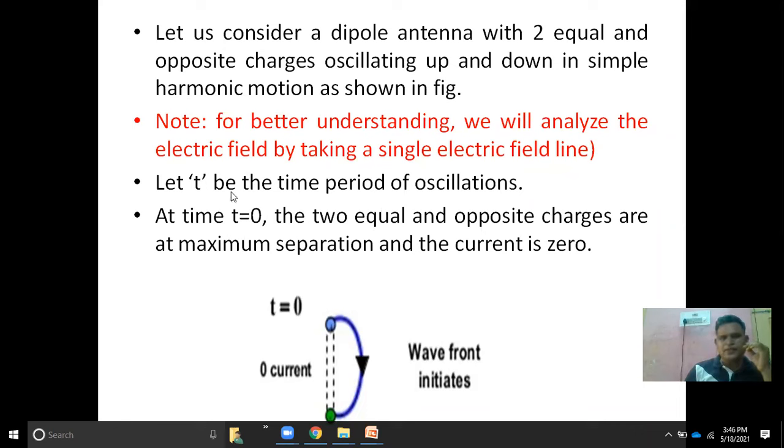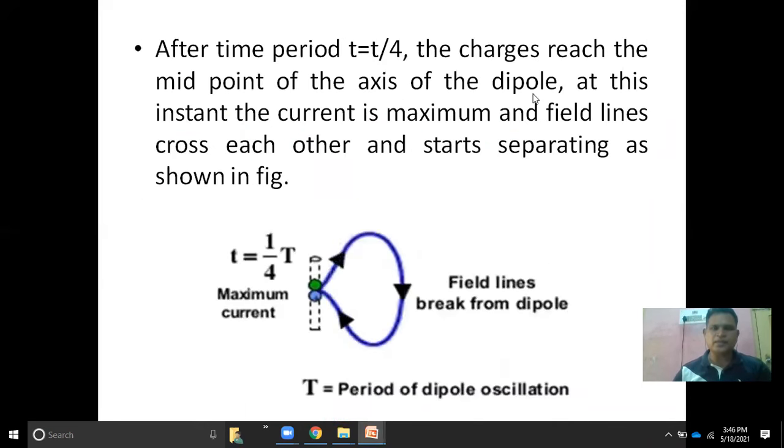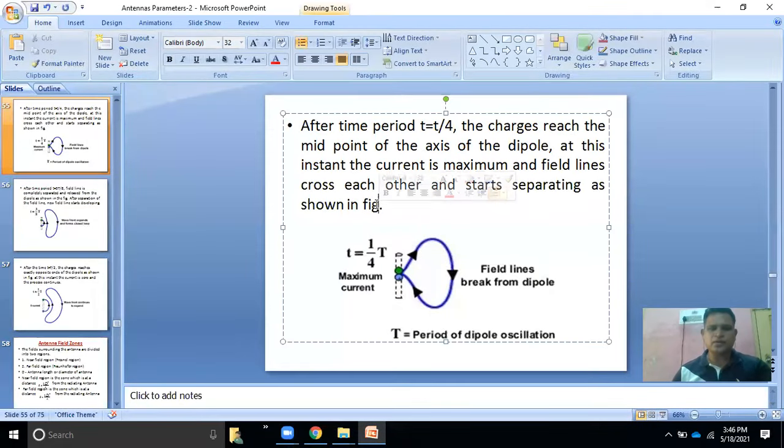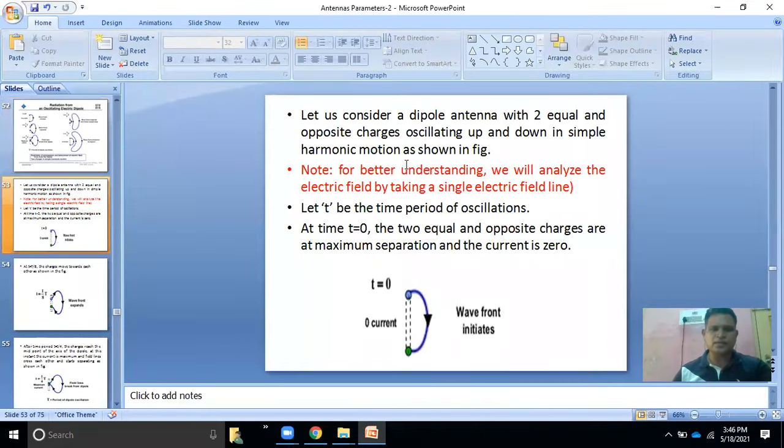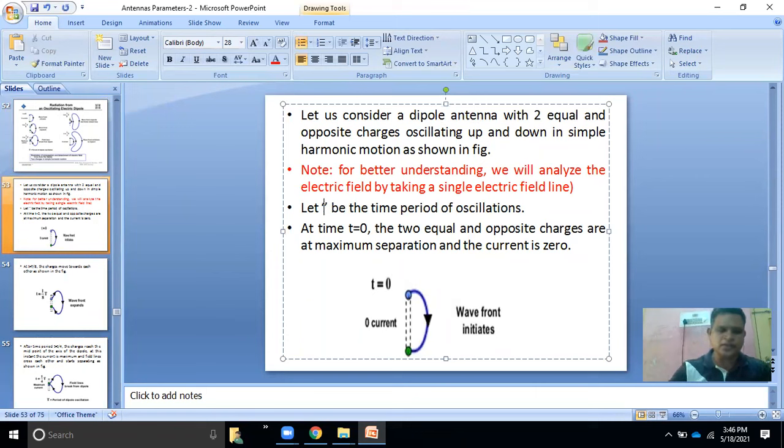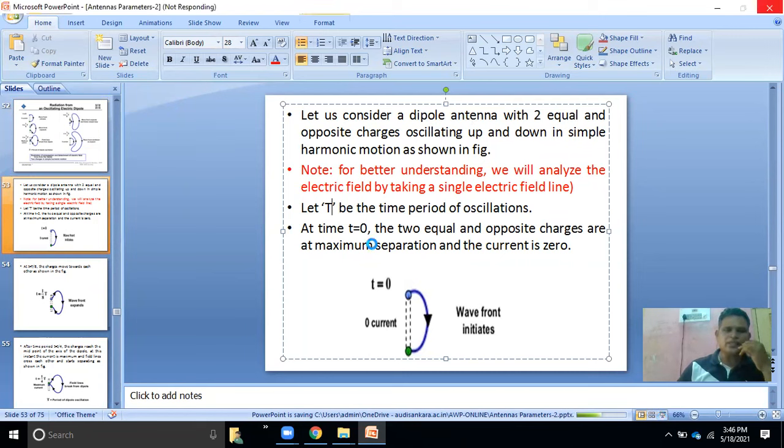Let T be the time period of the oscillations. Here this is not small t, this is capital T, the time period of oscillations. Let at time t is equal to 0, the two equal and opposite charges be at maximum separation.